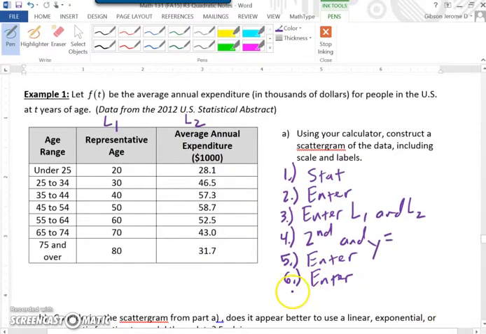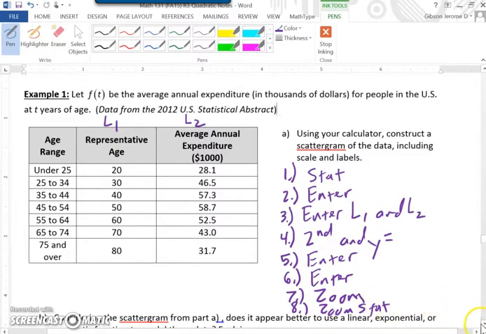Okay, now number seven, you will go to zoom. And then number eight, you will press zoom stat, and that should give you your graph.